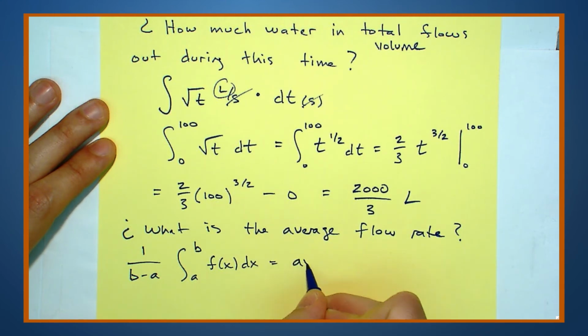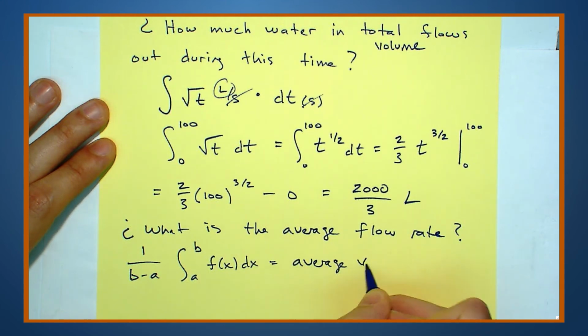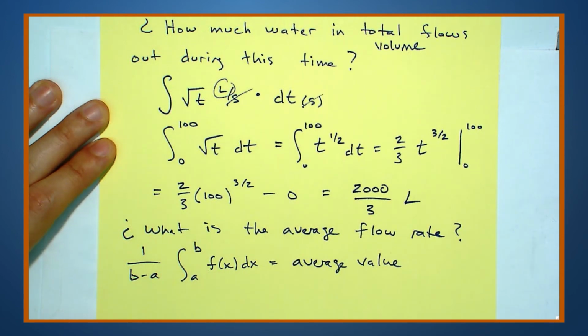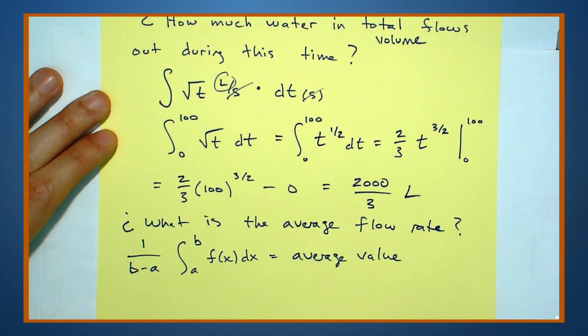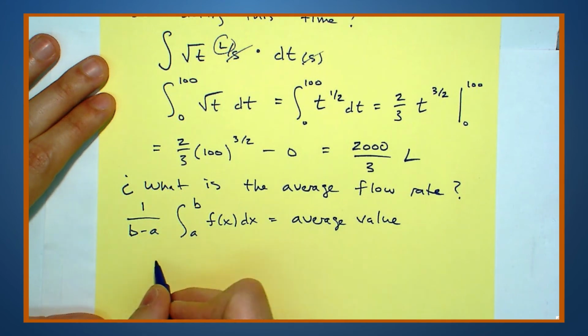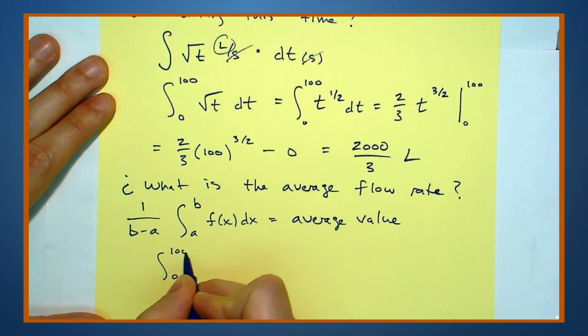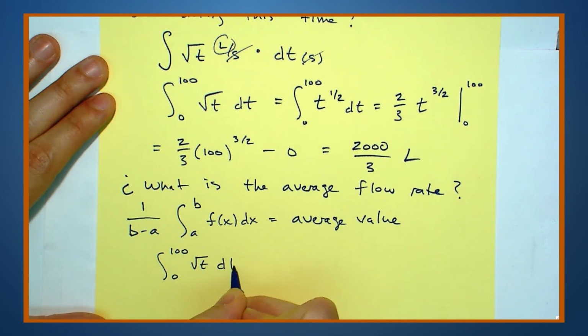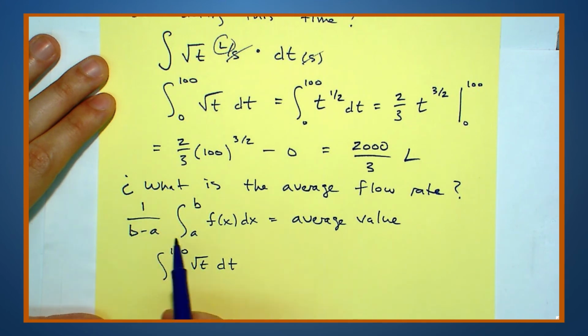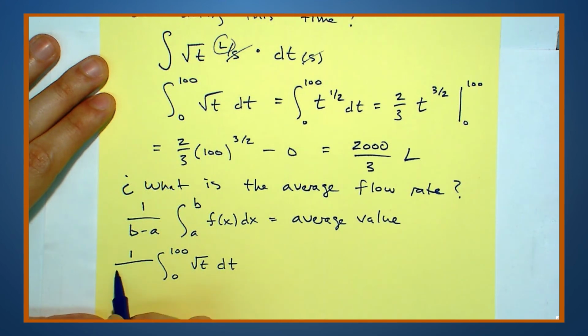That's the average value. So if I want to know the average value of the flow, then I integrate the flow from 0 to 100. And this term in front helps me do the average, so 1 over 100 minus 0. In fact, you'll notice that we've already solved this integral in the part above.